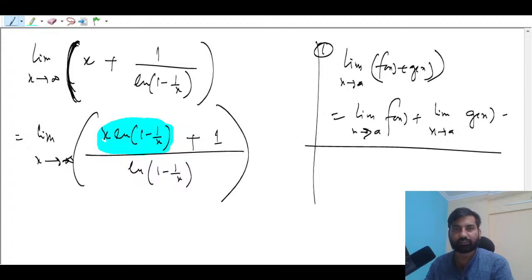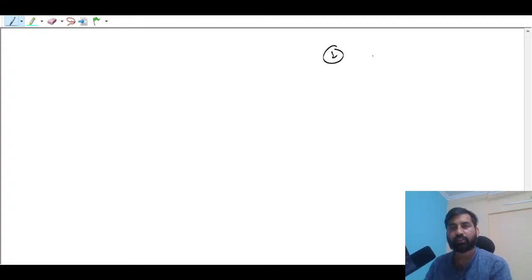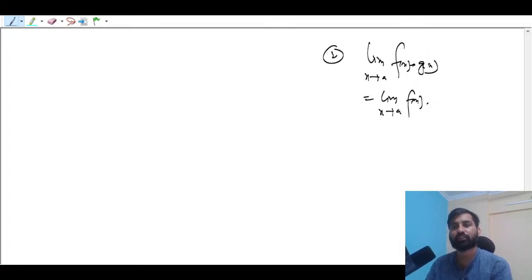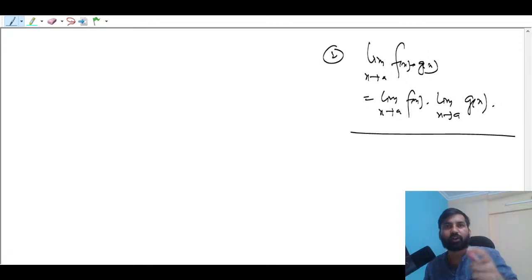In fact, in the second also, suppose limit x tending to a of f(x) into g(x) is there. You can write this as limit x tending to a of f(x) times limit x tending to a of g(x). These are some theorems of limits.